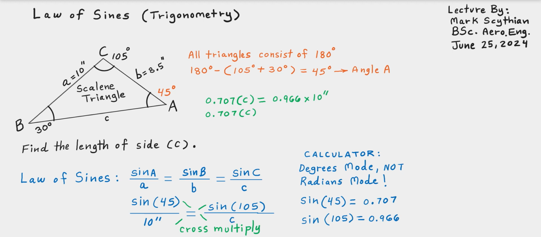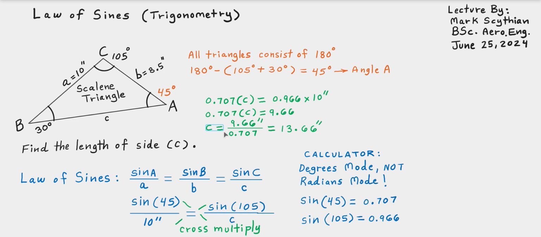After simplifying the right side, we get 0.707 times c is equal to 9.66. So by simply dividing 9.66 by 0.707, we solve for side little c, or 13.66 inches.